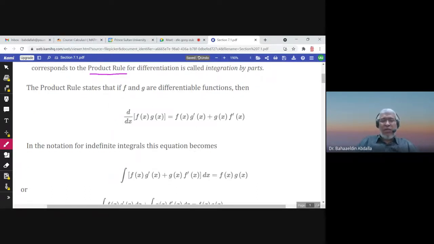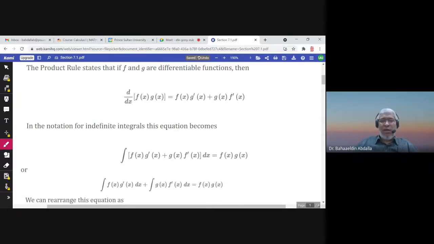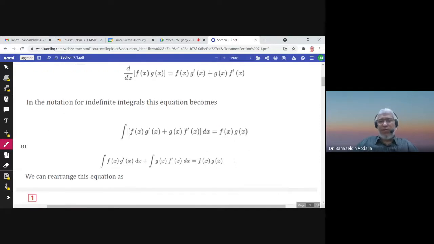And we studied in indefinite integrals that if we know a derivative of something, then the integral of the right-hand side should be equal to f of x times g of x. If we expand this integral, the integral of a sum is the sum of integrals.